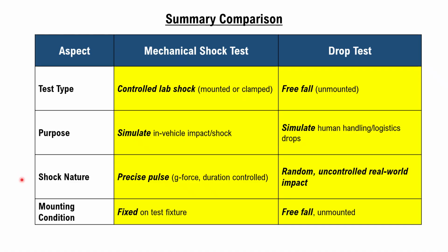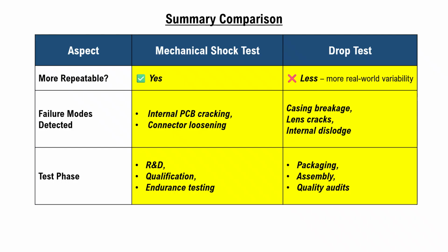Shock nature: in case of a mechanical shock test, precise pulses, with G-force and duration controlled. In drop test, random, uncontrolled, and real-world impact. Mounting conditions: in mechanical shock test, fixed on a test fixture, and in drop test, free fall, that is unmounted. More repeatable: the mechanical shock test is more repeatable as compared to the drop test.